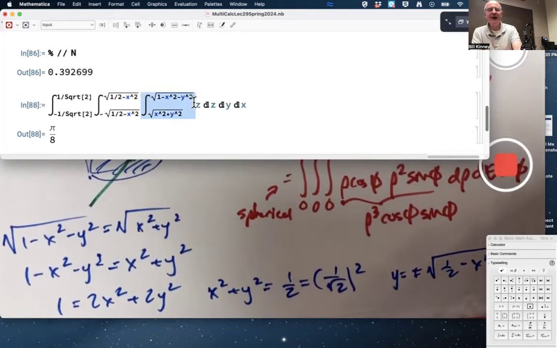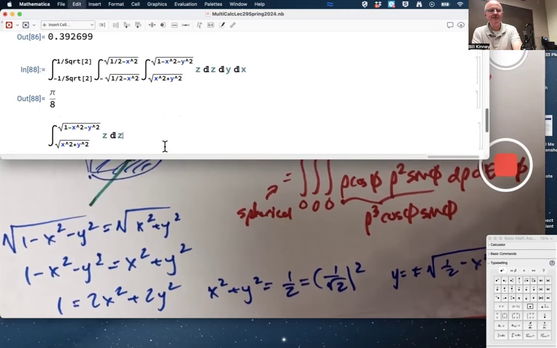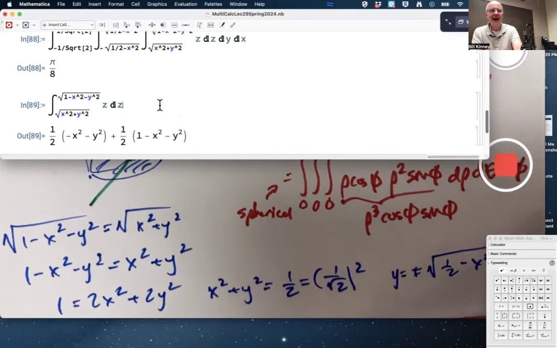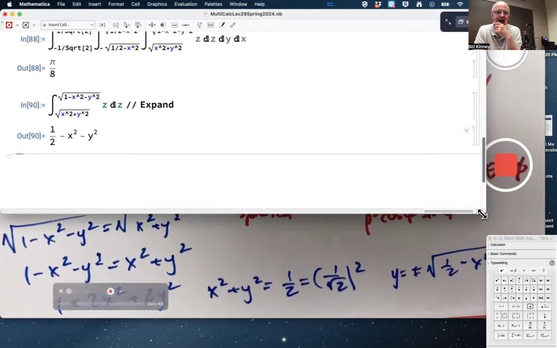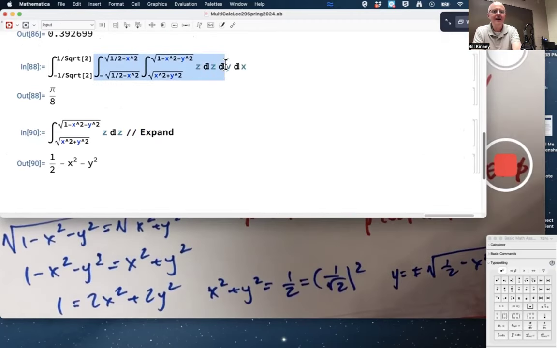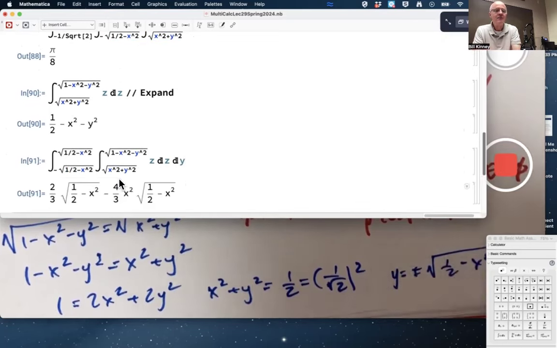How hard would that be to do by hand? Well, the integral is technically not difficult, but it gives you that, expand to that. We'd have to integrate that with respect to y. That's not difficult. Although, yeah, evidently using those limits of integration, it simplifies to that. How about the most outer integral?